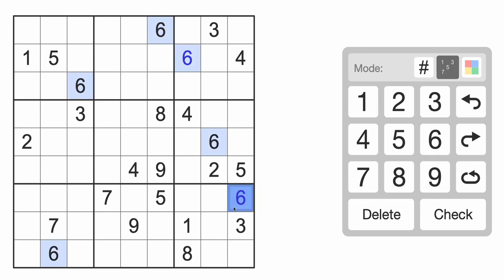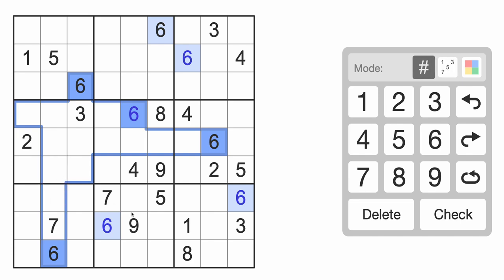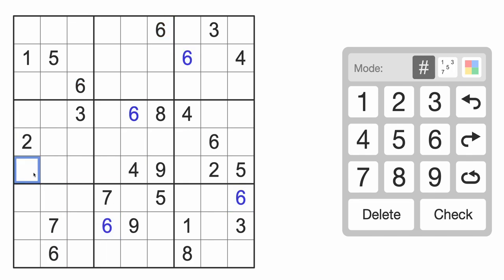Gives me 6 here. That gives me 6 in box 8, which will be here. This 6, and this 6 gives me 6 in box 5, which gives me the last 6 in box 4, which will be here.